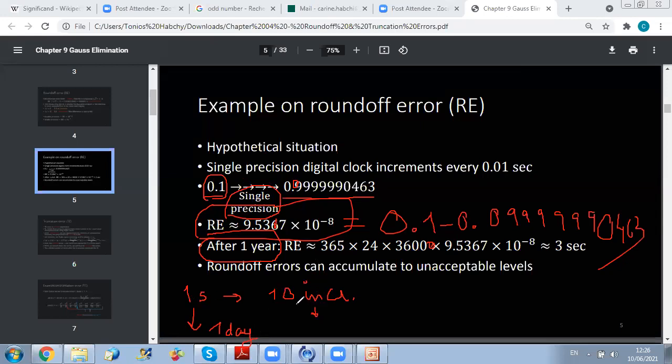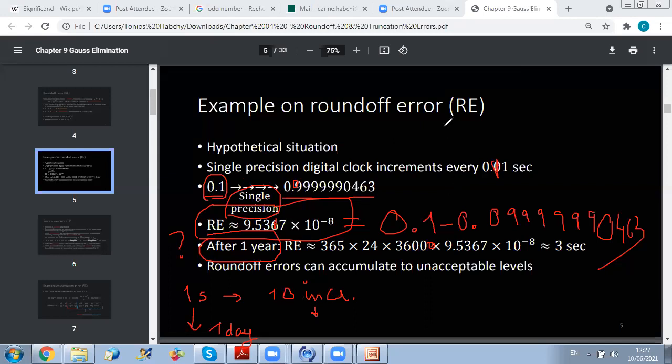Doctor, why is it 1 second and not 0.1 second? No, the increment is 0.1 second, right? But you want to see after 1 year how much will be the total error.